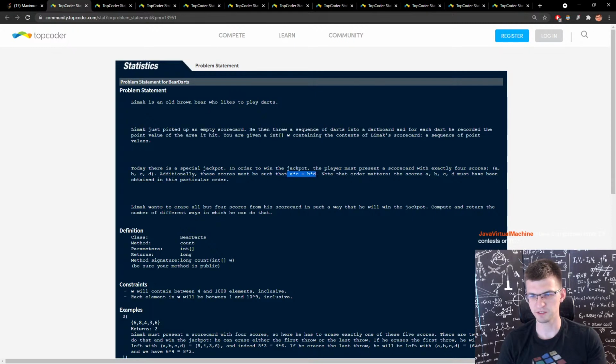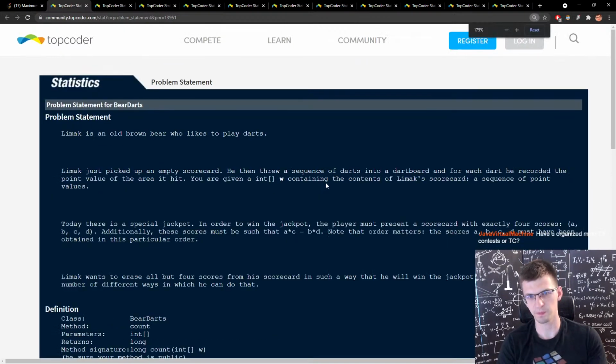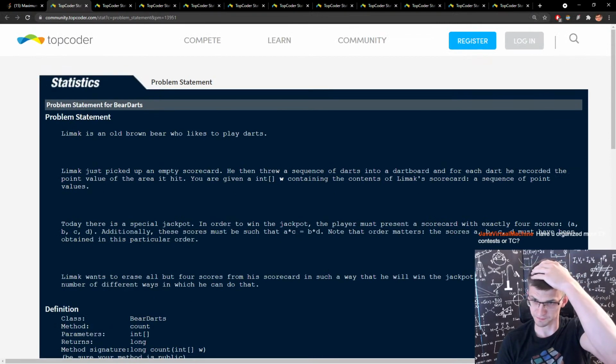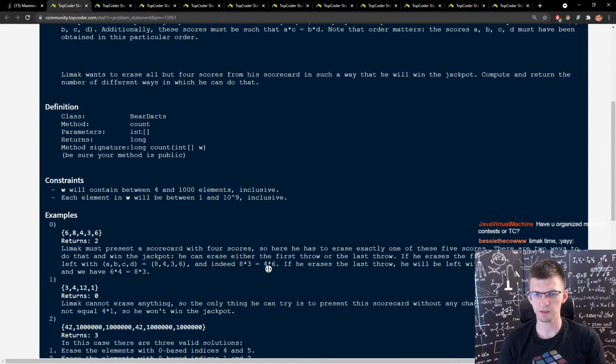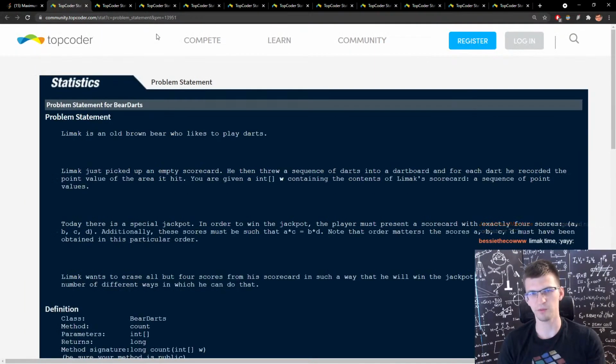Here you go. A times C is equal to B times D. For scores satisfying this, we want to find a subsequence of size 4 satisfying that. Now I think that it's easier than TopCoder medium, but still, that's your homework if you want something similar.